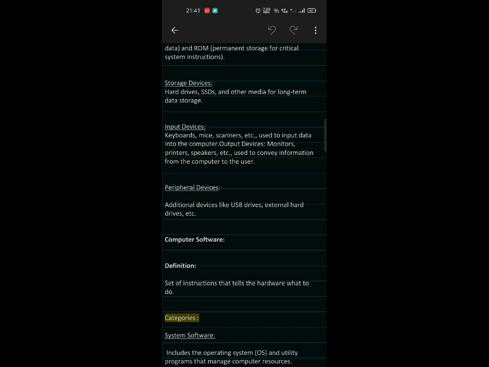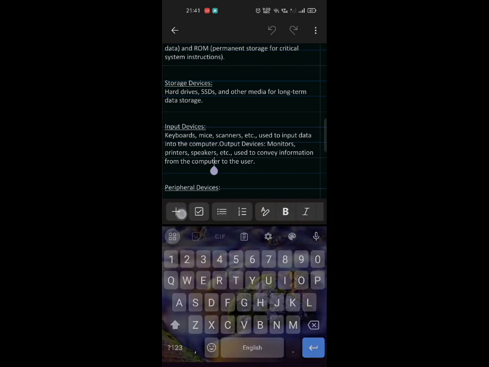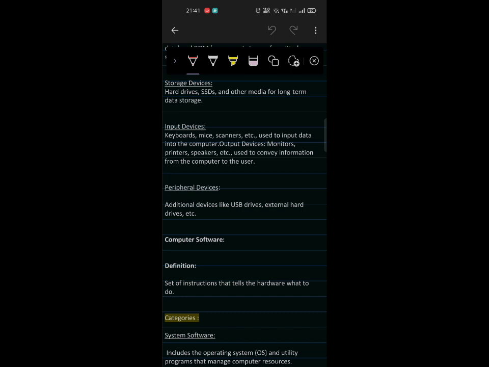Output devices are the devices that show results, or give the processed result to the user, like monitor, printer, speaker, used to convey information from the computer to the user. Peripheral devices are additional devices like USB drive, external hard disk drive, etc.